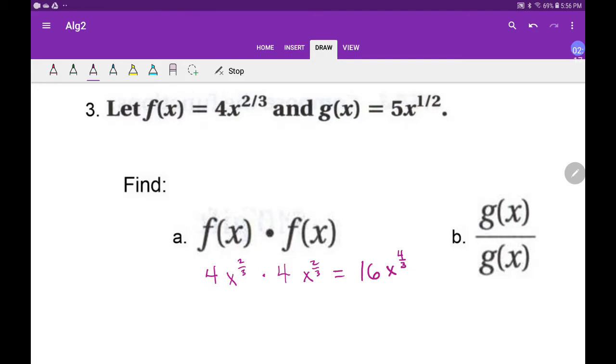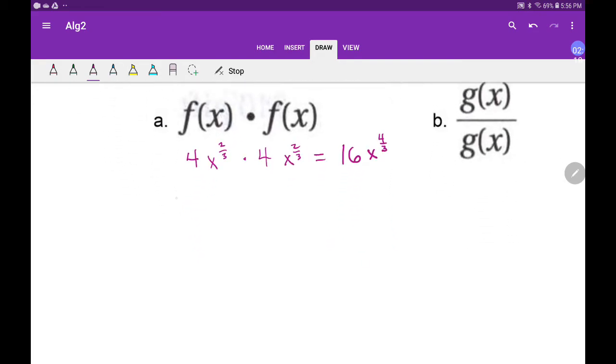Okay? So let me write this another way. I'm going to say 16, the third root of x to the 4th. You say, I'm looking for triplets. Hey, there's triplets in there. There's 4 x's, and I'm going to take 3 of them out as 1. So I'm going to say 16x, and then 1's still trapped inside.